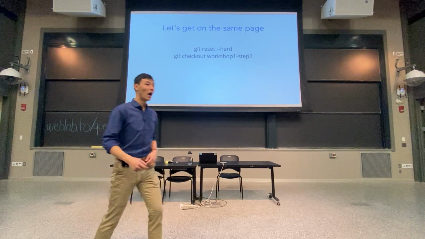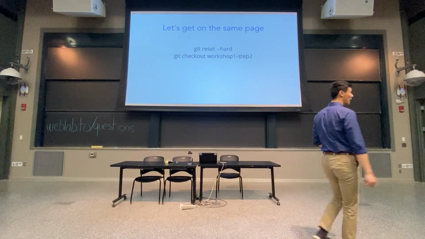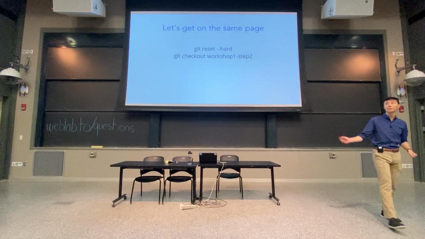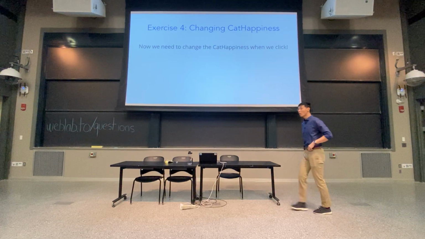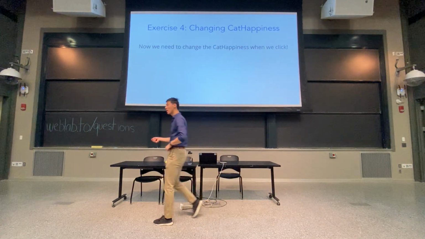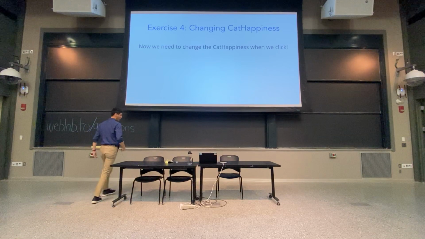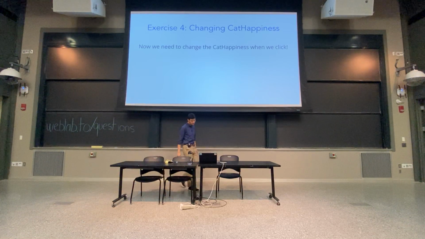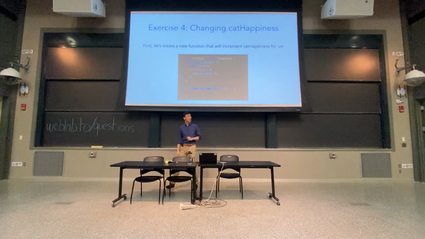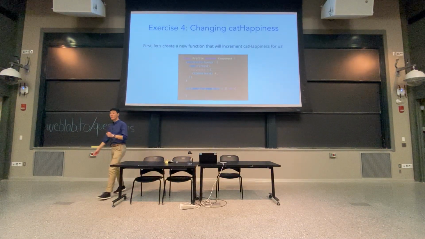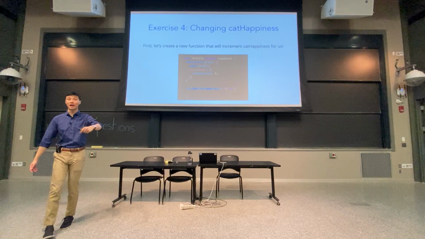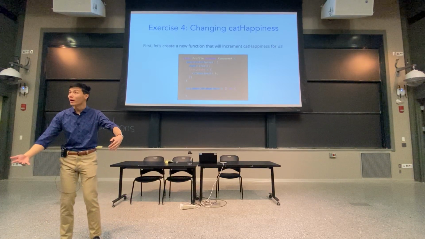So let's get to workshop 1, step 2. And now we want to change cat happiness when we click on the profile picture, right? That's our next step. But first, let's create a new function. So remember, each component is allowed to change its own state, right?